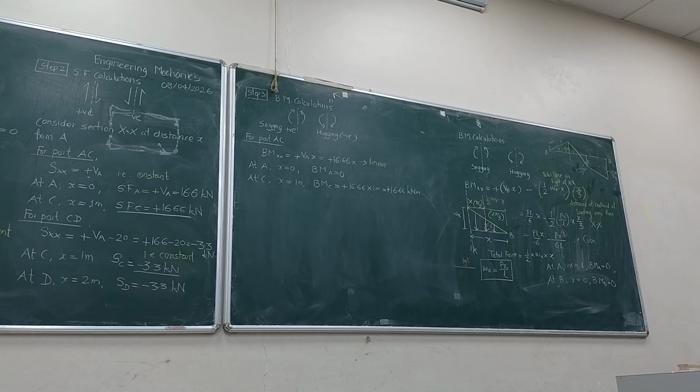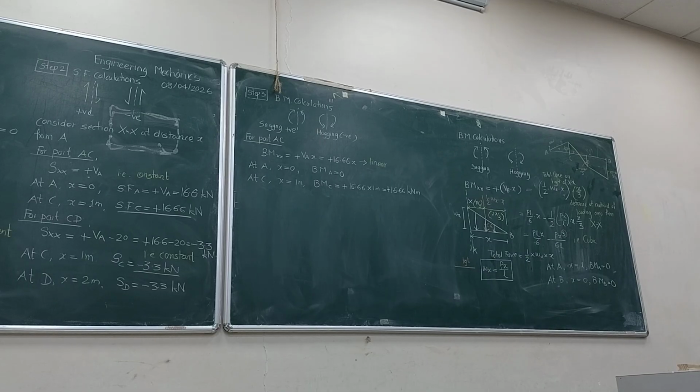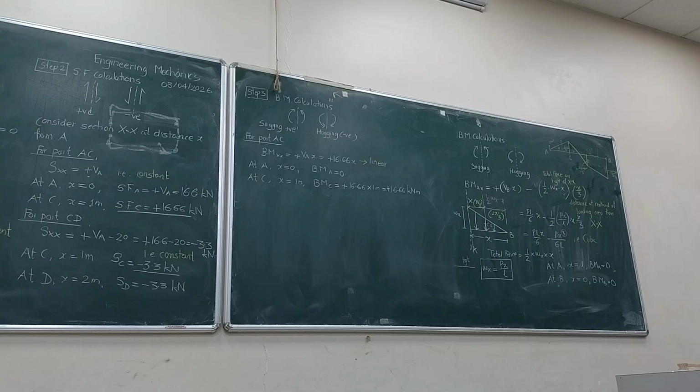So what is the bending moment at A? 0. What is the bending moment at C? 16.66. How is the variation? Linear. And this is positive. This value is 16.66. Variation is linear, you have just connected it with a line.